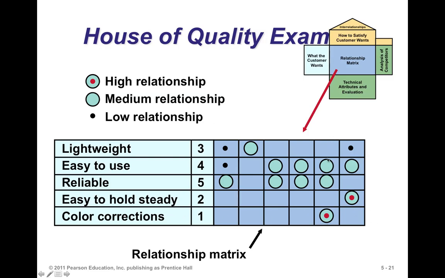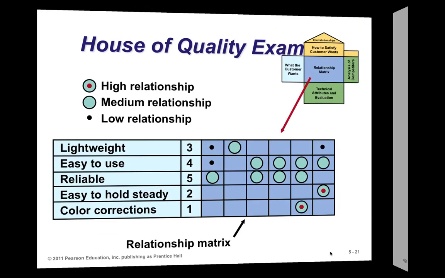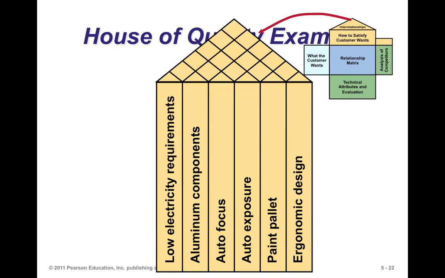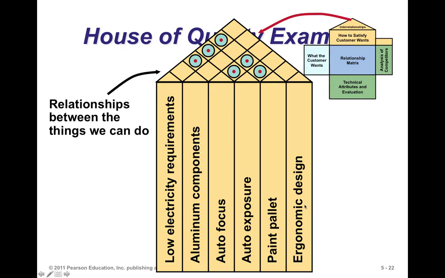In this column, this was the color palette, and that color palette and color correction are highly related. Or easy to hold, and the ergonomic design is what we're looking at here in this case.